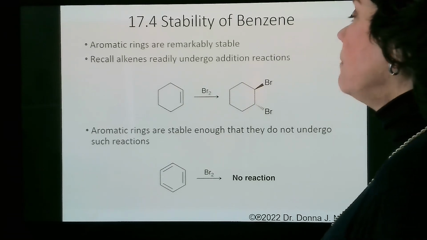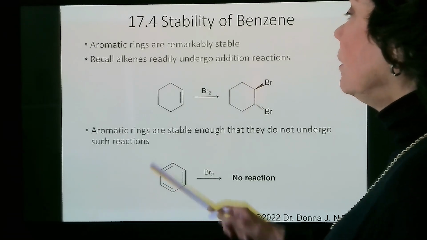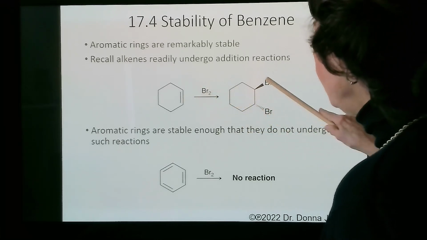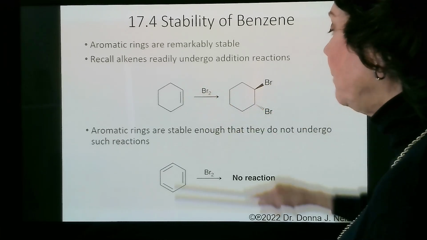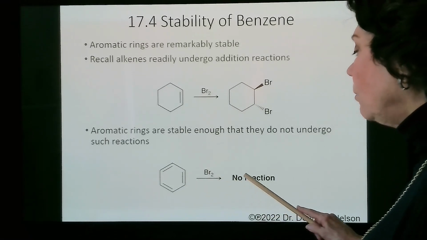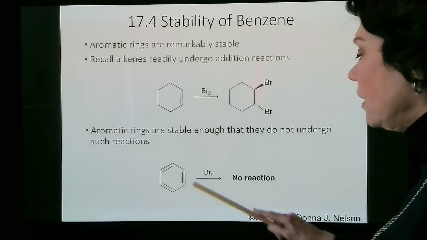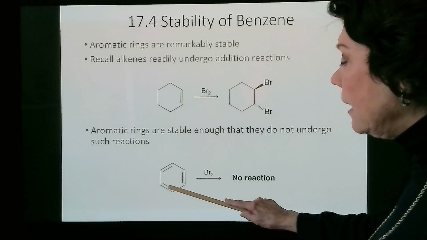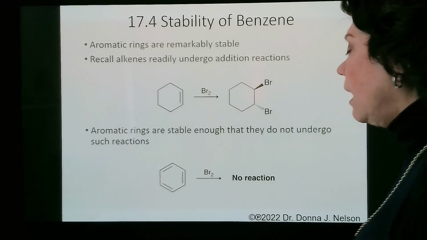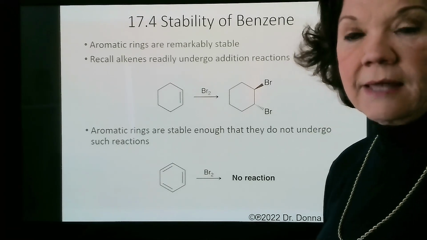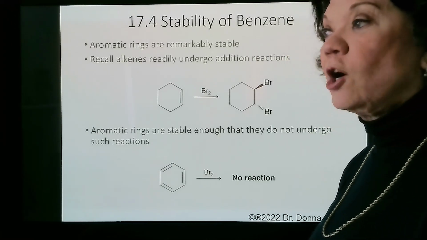Aromatic rings are remarkably stable. Recall, alkenes undergo addition. Here is the addition of bromine across the double bond. Aromatic rings do not undergo reactions like this. The double bond is tied up in conjugation with the other pi bonds, and they're stabilized by aromaticity.